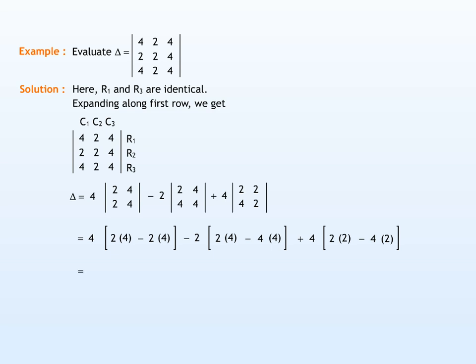This is further equal to 4 multiplied by 0, minus 2 multiplied by minus 8, plus 4 multiplied by minus 4. That is 16 minus 16, or 0. Hence, the value of the determinant is 0.